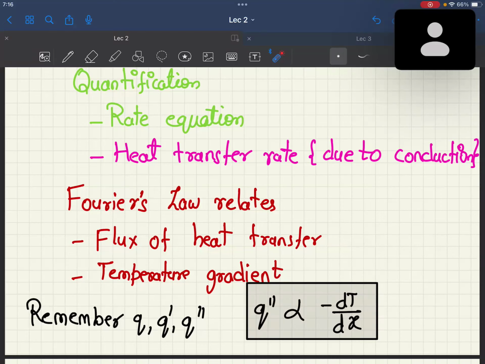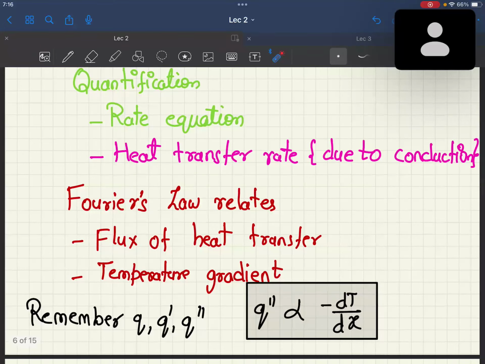Suppose we want to estimate the heat transfer rate for a particular system. Let's say consider a slab for which one face is at temperature T1 and another face is at temperature T2. Then we need certain governing laws that connect the rate with the corresponding driving force.